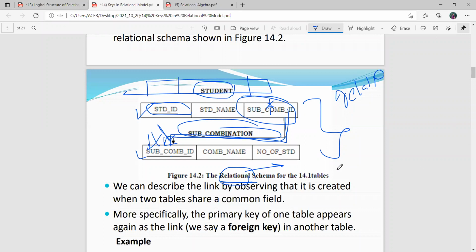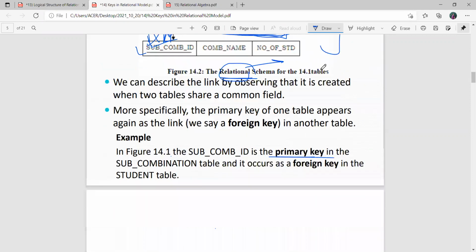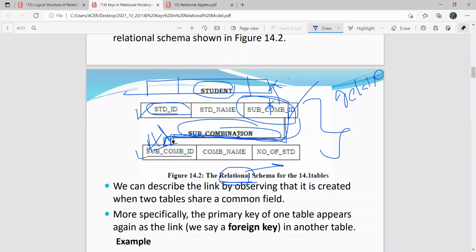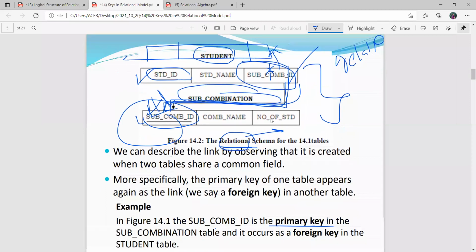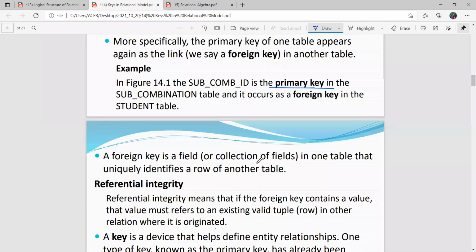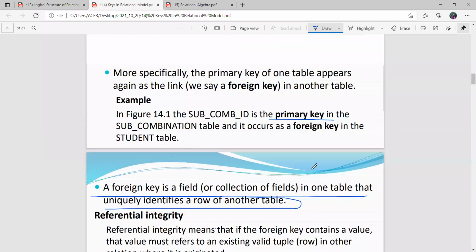Simply, the foreign key is a field available in one table that refers to a primary key in another table. So this is the foreign key of this table, but it is a primary key of this table. The foreign key is a field in one table that uniquely identifies the rows in another table.